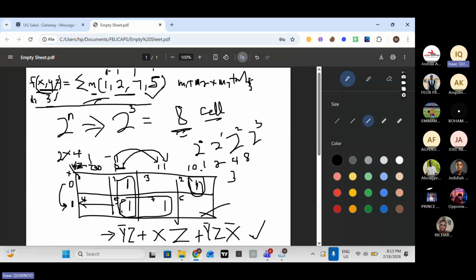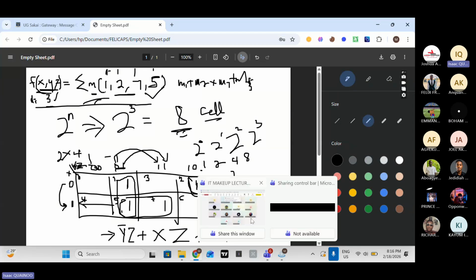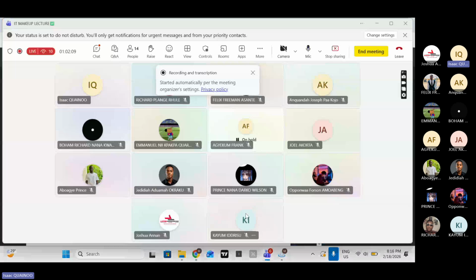And we can say that this particular expression here is in its simplest form. Okay. So please, do you all understand what we just did here? Or does someone have a question or a problem?